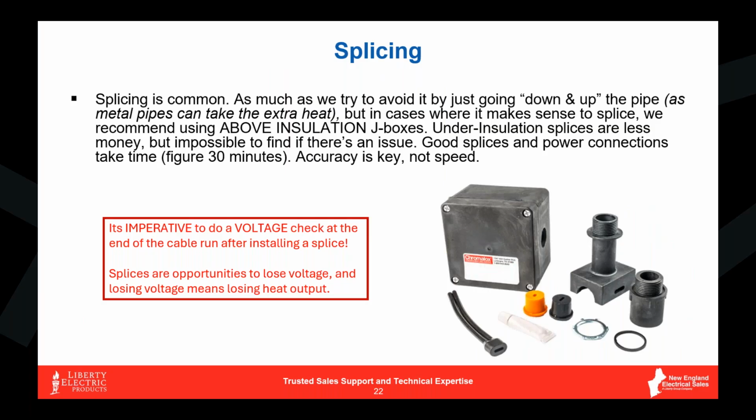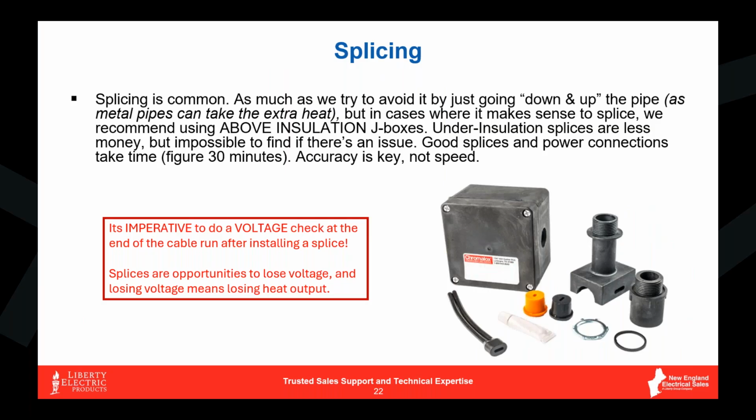In some of these cases, while we're doing piping runs, you may run into a situation where there's, say, a T intersection, and one end of that T might be 10 feet and the other direction is 60 feet. Instead of putting a splice there to handle 10 feet of cable with a half hour's worth of labor, we're going to take that cable and run it down 10 feet and then come all the way back with it 10 feet and then go down and do the other 60 feet we have to on the other side.